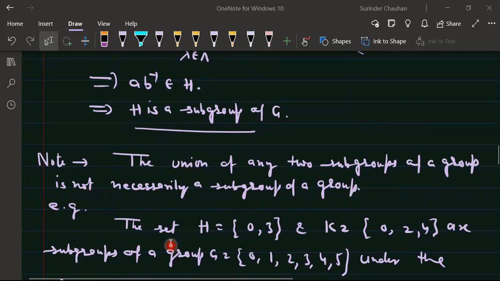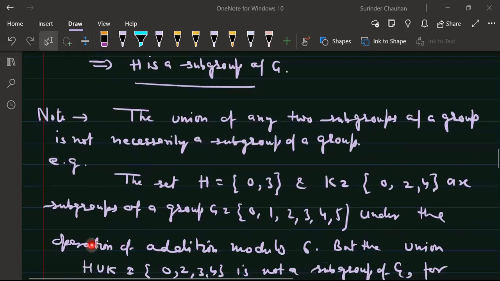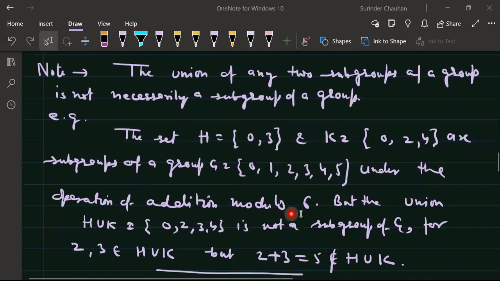We take a set H consisting of 0 and 3, and K consisting of 0, 2, 4. These are two subgroups of the group 0, 1, 2, 3, 4, 5 under the operation of addition modulo 6.